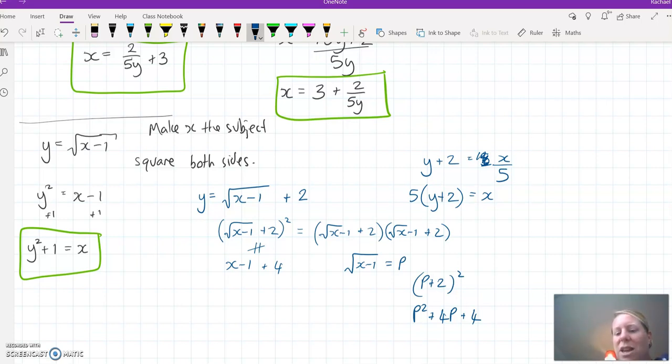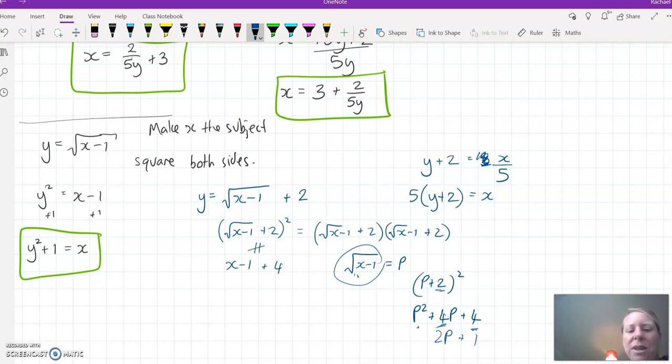So really it would be this whole thing squared plus 4 lots of that plus 4. If it was a 1, you'd have 2 lots of this thing in the middle and a 1 on the end, because you're timesing the 1 and the 1. So it's not really too bad, but it's nice to avoid that if you can.